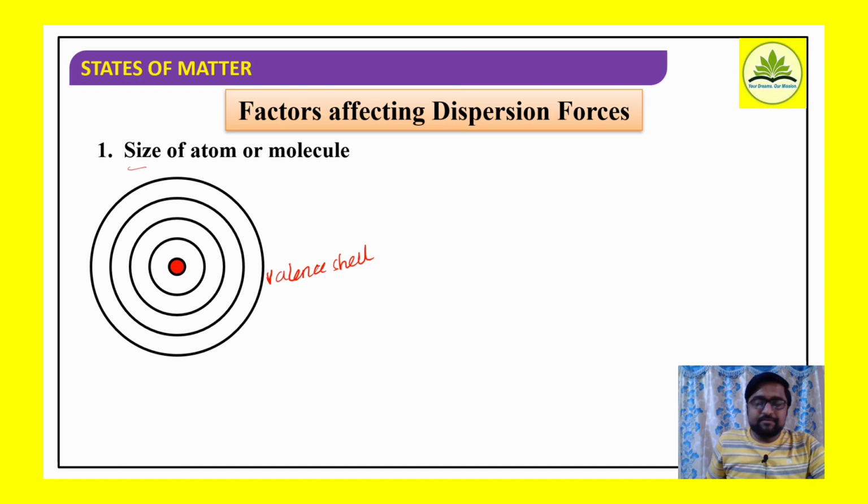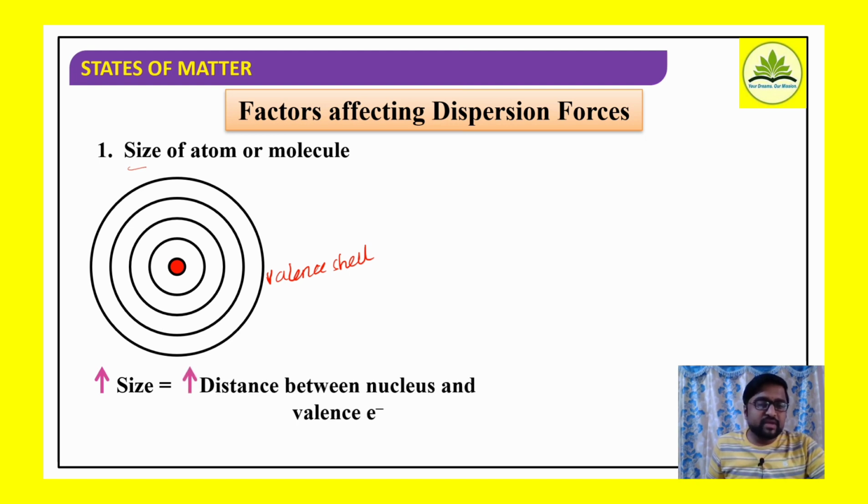Now, how does the size of an atom or molecule affect the dispersion force? If size increases, the valence shell is present far away from the nucleus, so the distance between the center of the nucleus and the valence shell electrons will be more. We know that the nucleus influences all the electrons, inner as well as valence shell electrons. If the valence shell is far from the nucleus, the attractive force will be less.